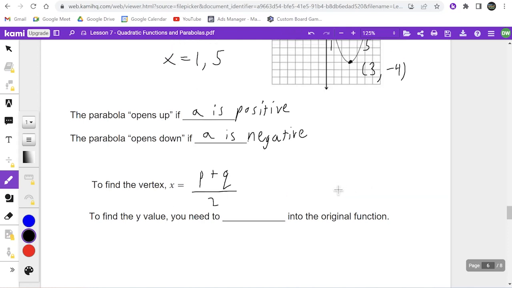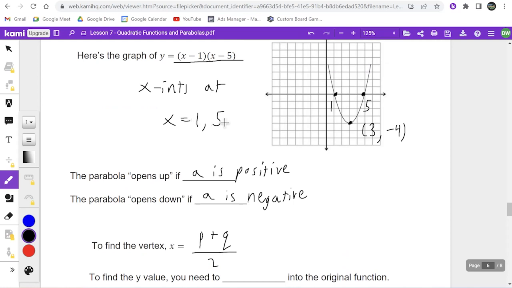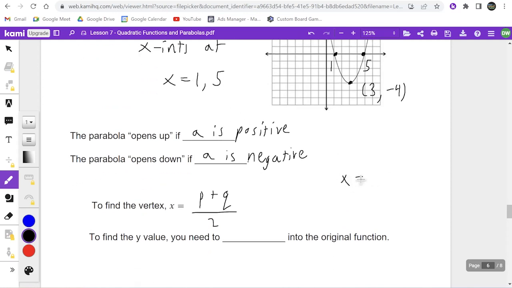So in this example here, the x-intercepts are at 1 and 5. So if I want to find the x vertex, it's 1 plus 5 over 2. 1 plus 5 is 6, and 6 divided by 2 is 3. That confirms the x vertex I said earlier. And now if you want to find the y value of the vertex, obviously you need to plug x into the original function.